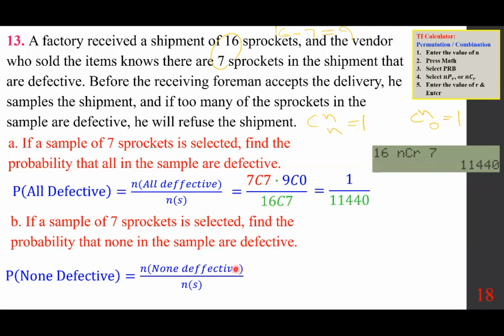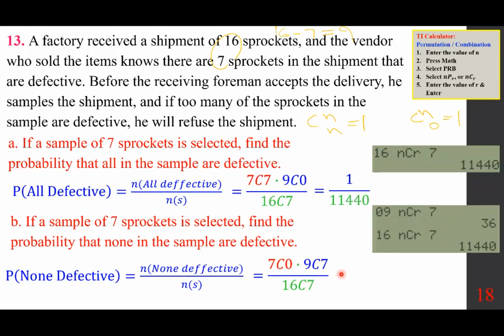None is defective, so out of the 7 defective ones we choose 0, and from the 9 we have to choose all 7. So 7 combination 0, 9 combination 7. This, of course, is 1. This one you put into a calculator.